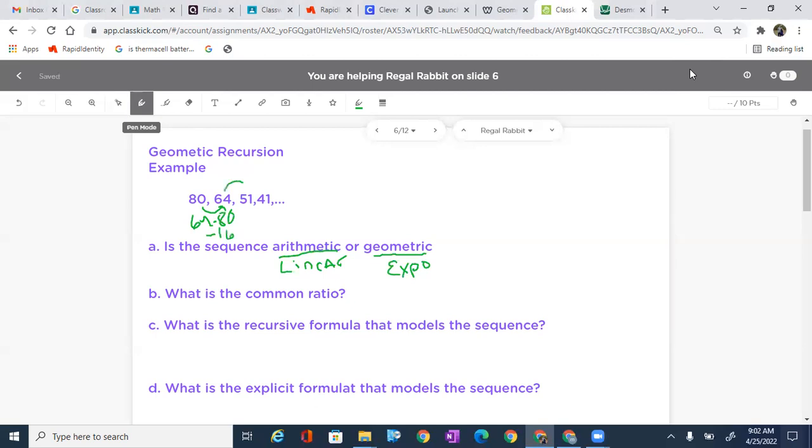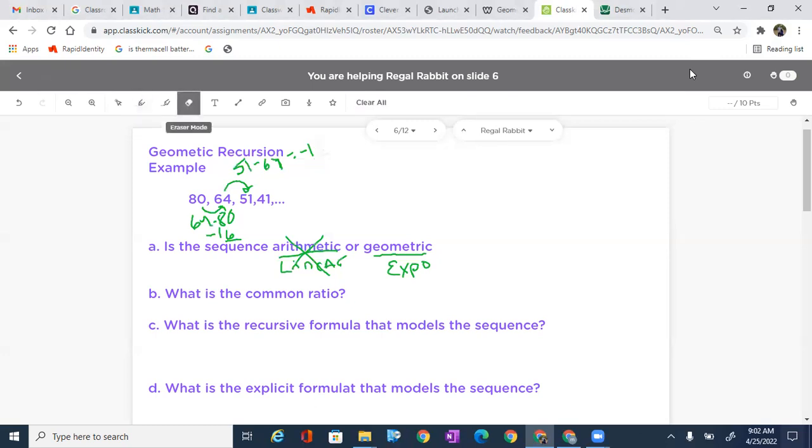Then if we do that again, 51 minus 64, gives us a decrease of negative 13. It is not arithmetic because the gaps are decreasing. We had a gap of negative 16, now we have a gap of negative 13. That tells us automatically that this is not going to be a linear pattern.